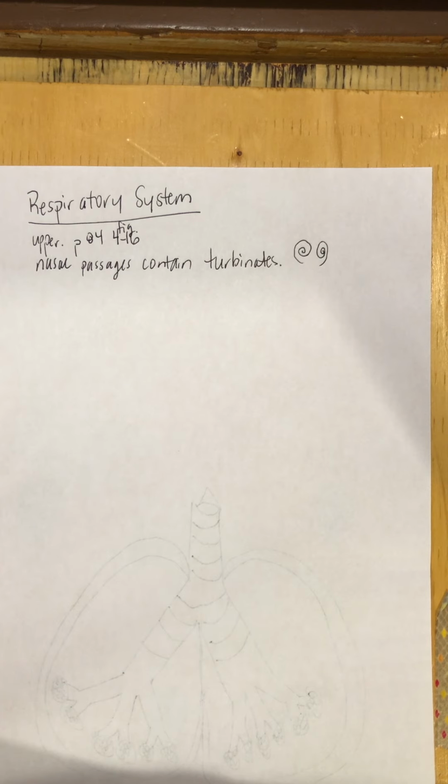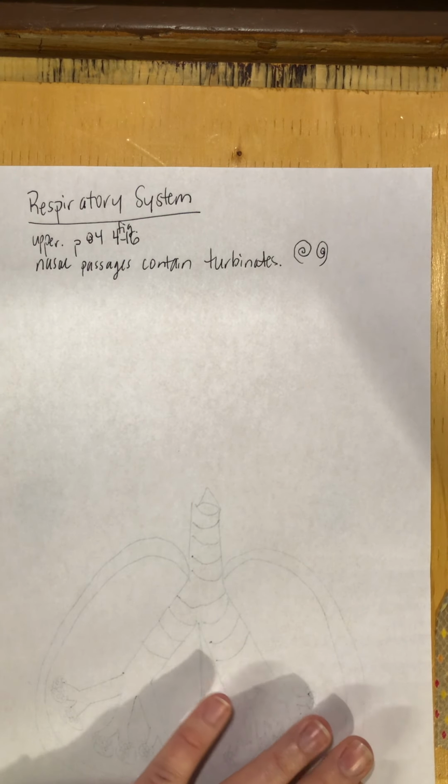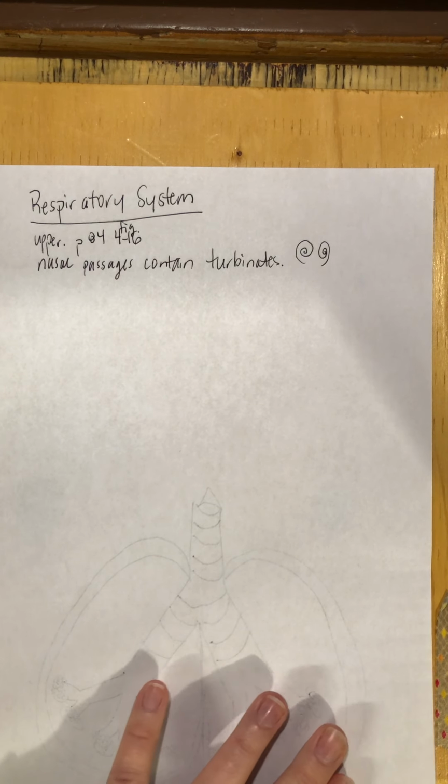There are lots of blood vessels really near the surface there to warm up the air that's going into the lungs. I'm sure you've all experienced in these harsh Winnipeg winters that it really hurts to breathe such cold air. So those turbinates help to warm up the air and get it nice and moist before it's coming into our lungs. So that's something I wanted to mention about the upper respiratory tract.